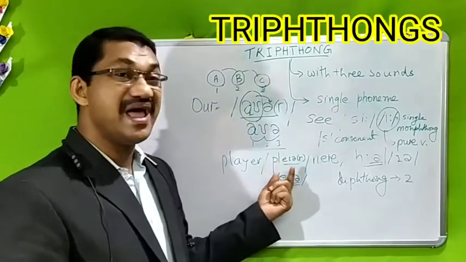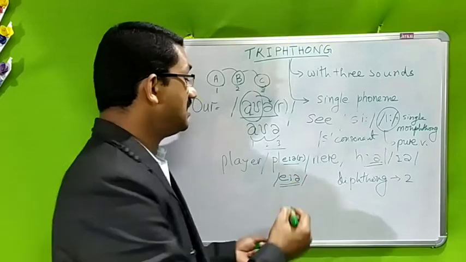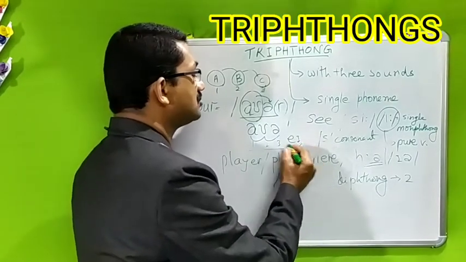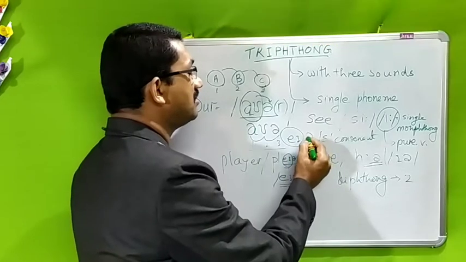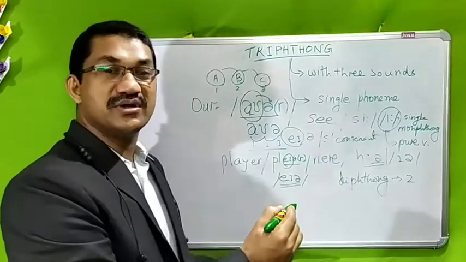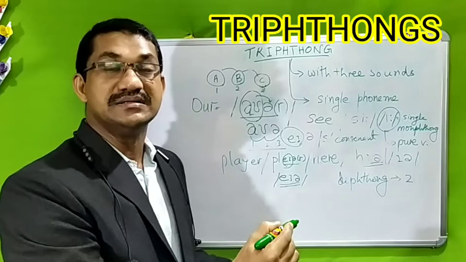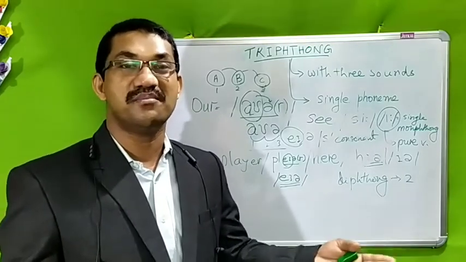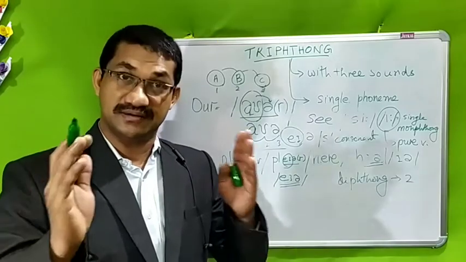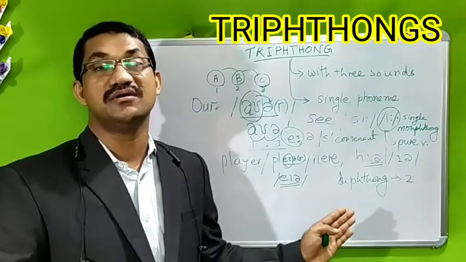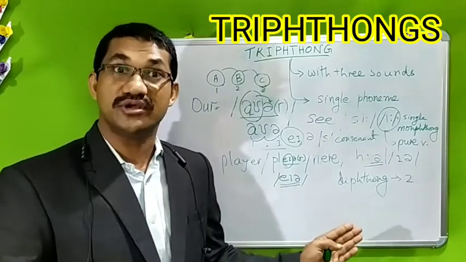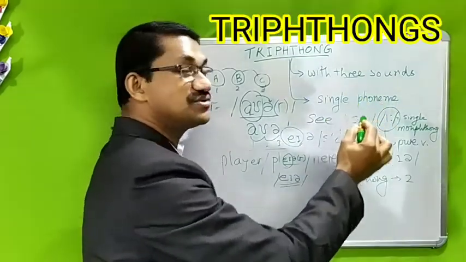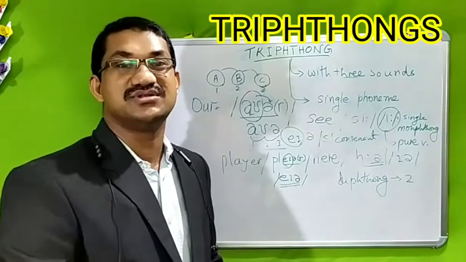Similarly, in player, we have the closing diphthong again, A. The closing diphthong A is immediately followed by another central weak sound, and it is articulated as player, and we consider it a single phoneme, but we call it a triphthong because we have three sounds or three tongue positions, right?